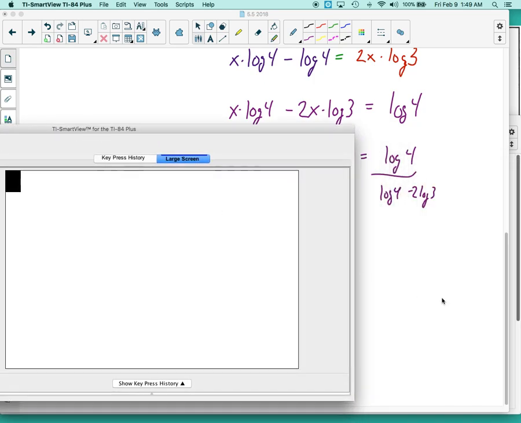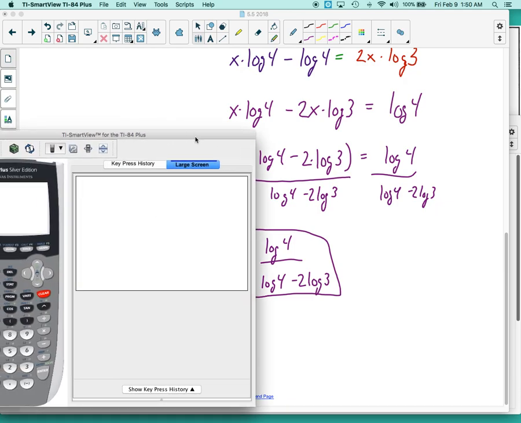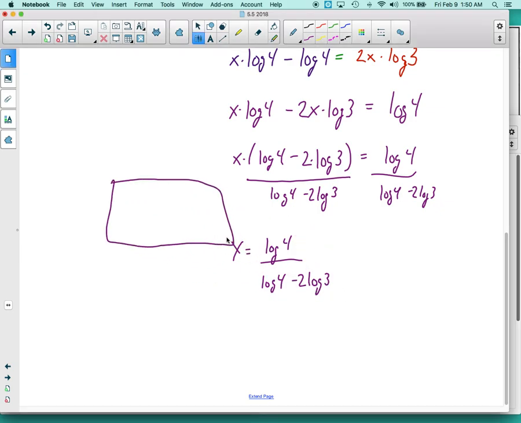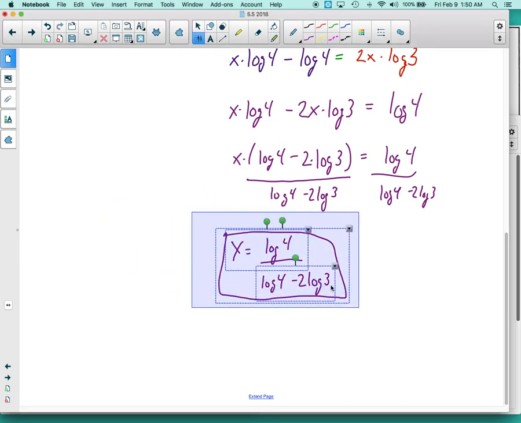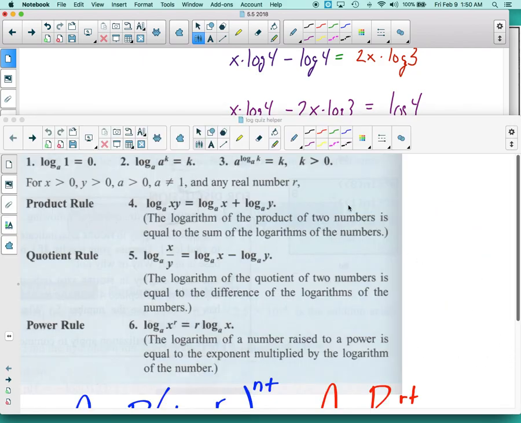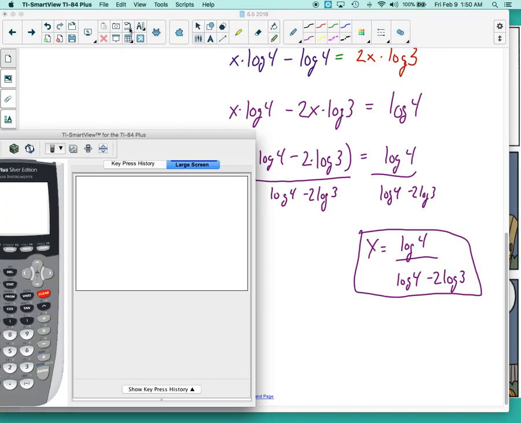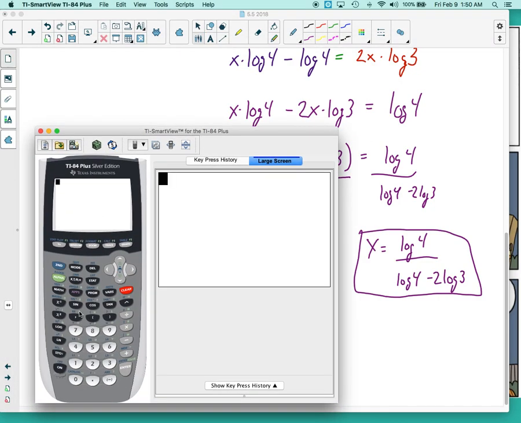Okay, let me shrink this down a little bit and find my calculator. So log of 4, make sure you close those parentheses, and then divided by, I need to get all of this stuff into the denominator, so I'm going to put parentheses around the whole thing, so be careful about that.